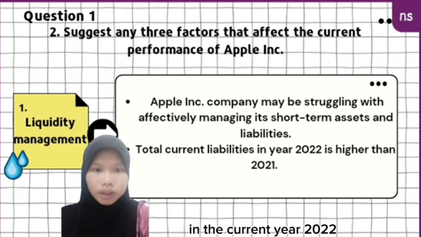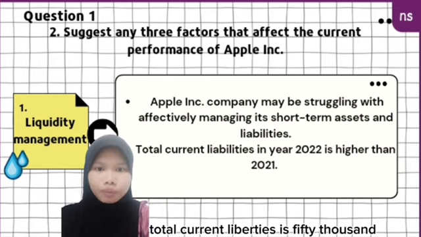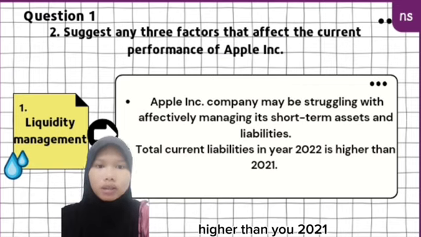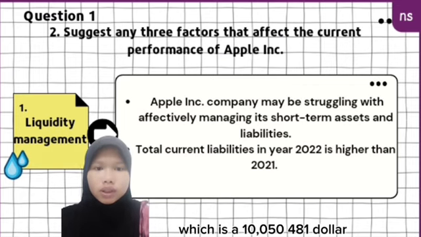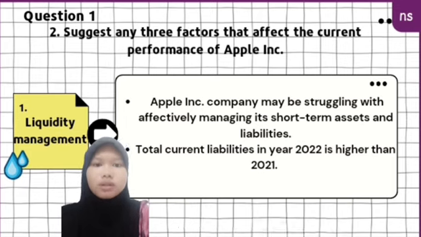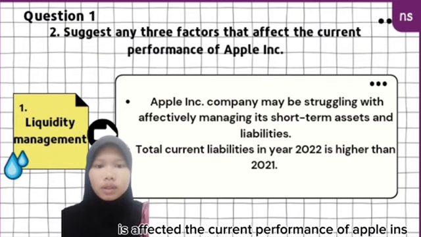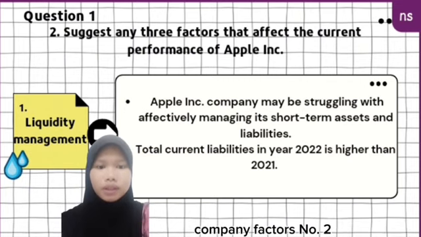As you can see, in the current year 2022, total current liabilities is $15,3982, higher than year 2021, which is $12,054.81. The difficulty to pay off the short-term debt affected the current performance of Apple Inc.